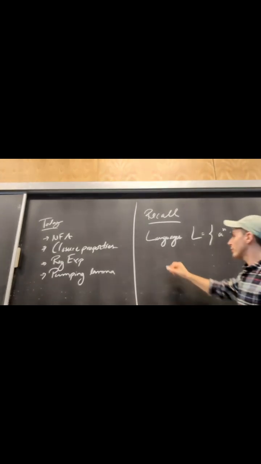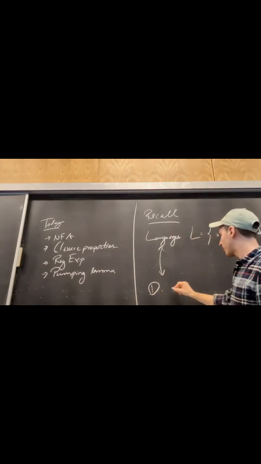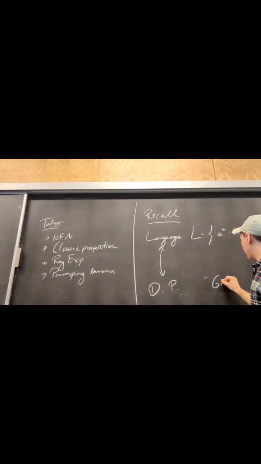And you can map this to a decision problem where you ask, given n, is it even? So this is what we actually care about. We actually care about knowing whether a problem is easy or not to solve, but we just have this more abstract mathematical concept of a language.